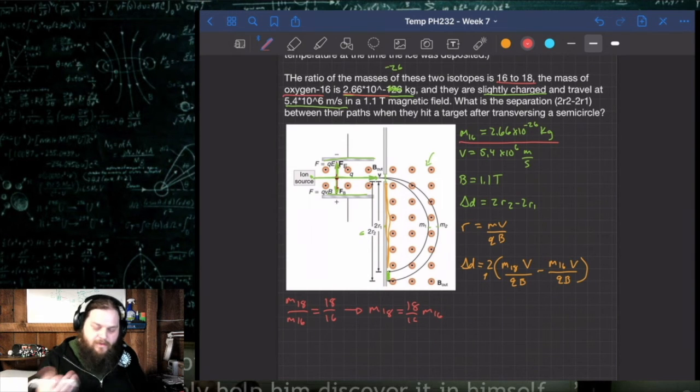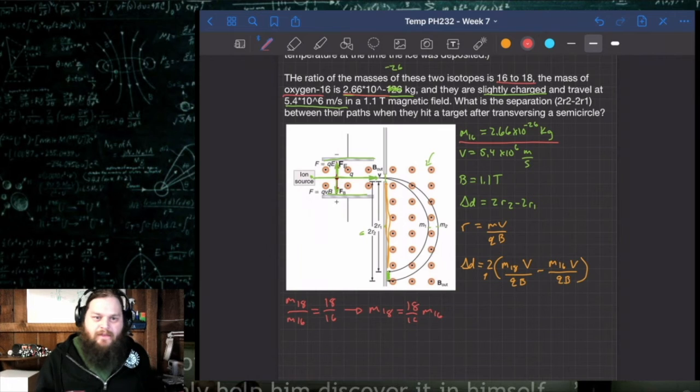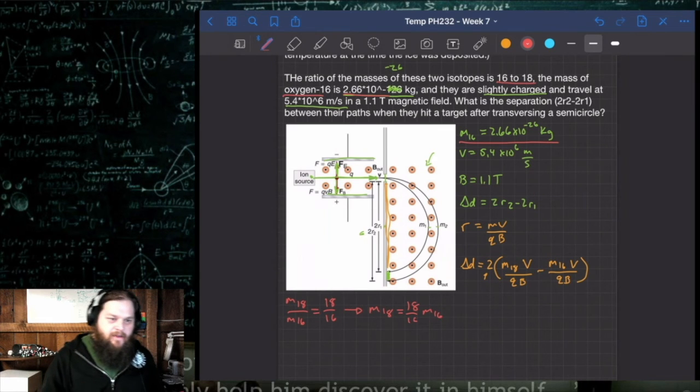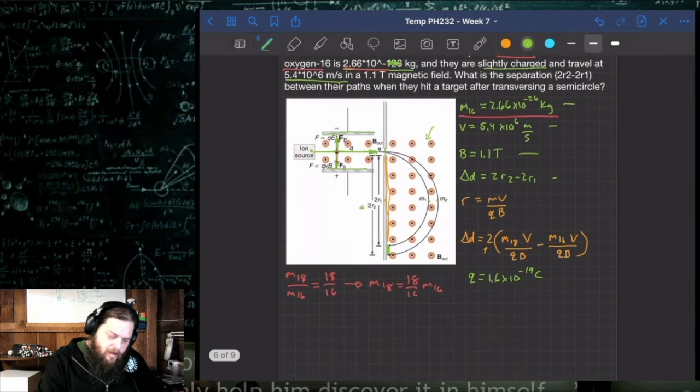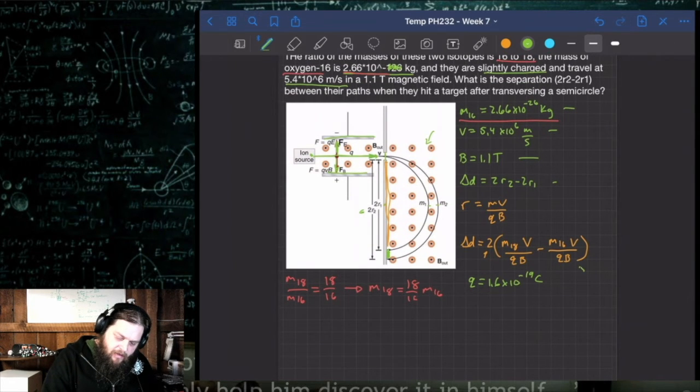That way we can substitute this mass times the mass ratio for the mass of the oxygen 18 isotope. Only a few more variables we have to define here. Q is going to be equal to 1.6 times 10 to the negative 19 coulombs. And I think we have everything else there. We have the magnetic field, we have the velocity, and the mass of 16. So now we can calculate what this distance is.